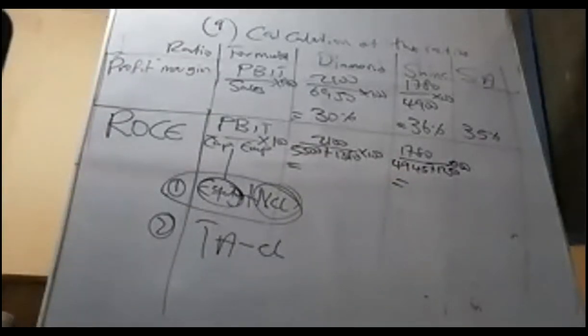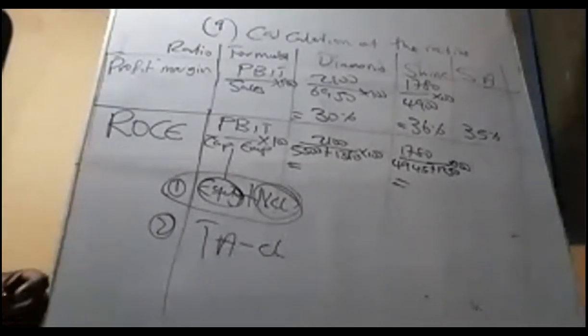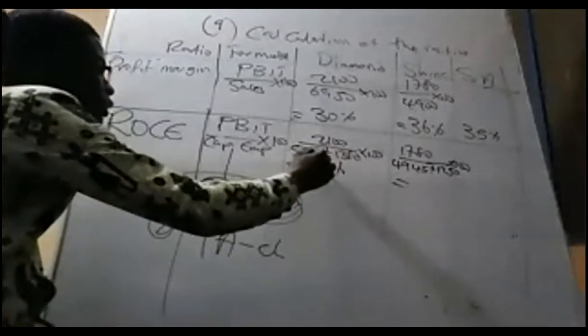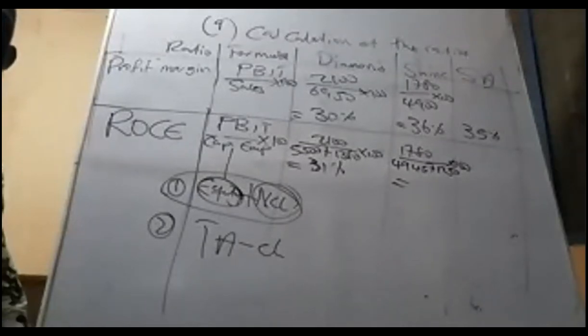Then answer. Okay. So 31, right? So 31% for diamond.